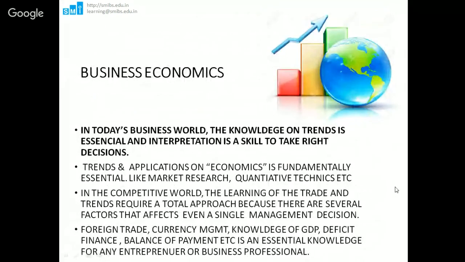So, coming to business economics. In today's business world, knowledge of trends is essential, and interpretation is a skill to take right decisions. As someone gathers experience, he will sense properly what is the cause of a particular happening and what are the remedies to overcome that problem.